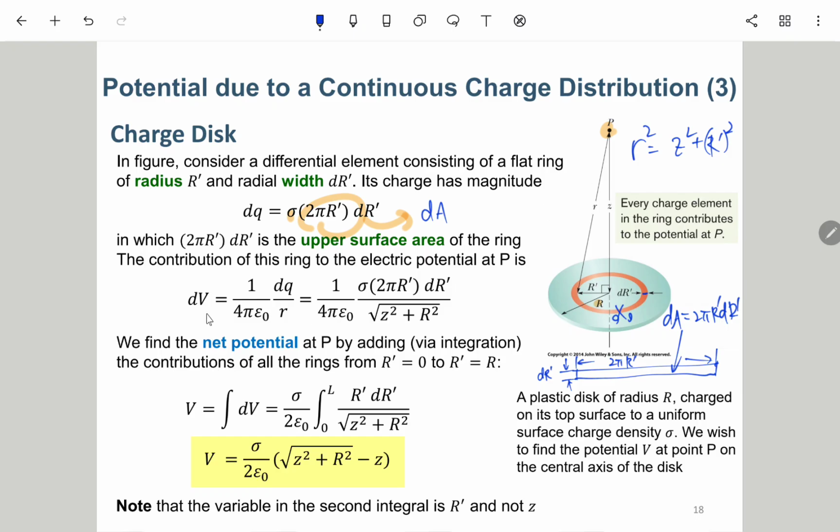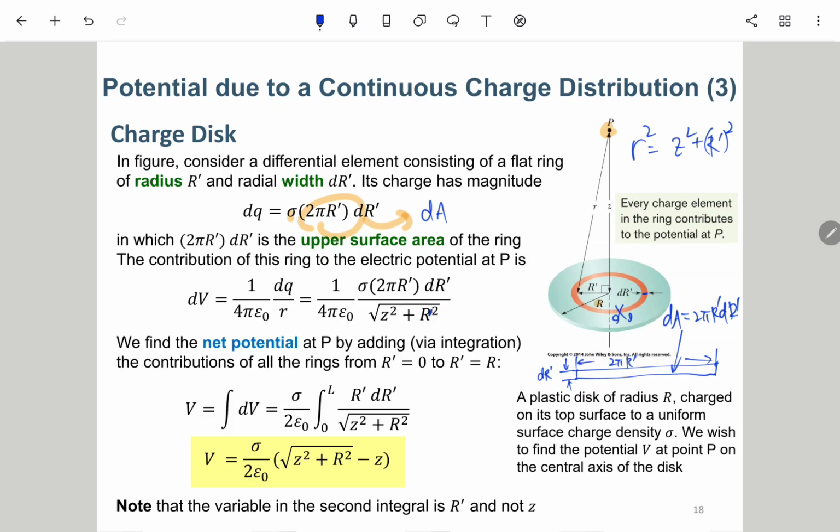So we have dV equals k dq over r. This is what we had before, and we plug in dq, so we have sigma 2 pi r prime dr prime, and then k, and finally r is the square root of z squared plus r prime squared.